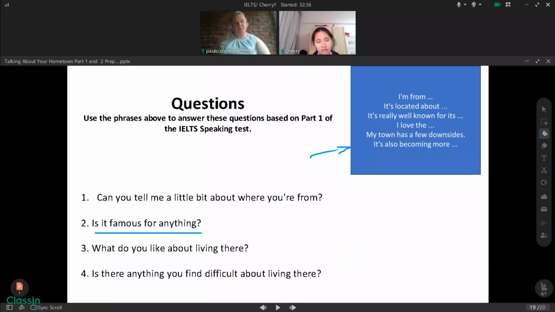Okay, so what do you like about living there? My town has a few downsides. It's a great place to live. It's really modern and busy. I like the nightlife, and in the morning it's also becoming more crowded and congested.